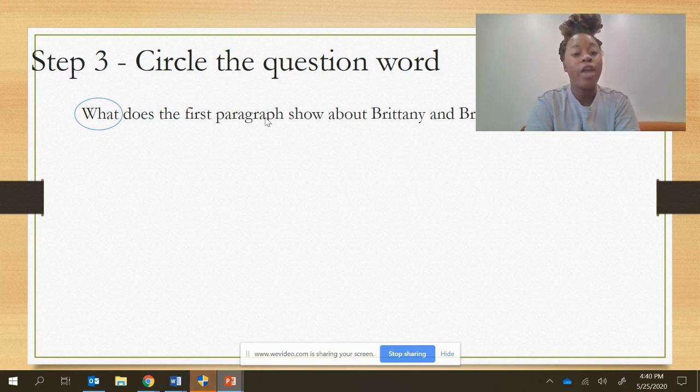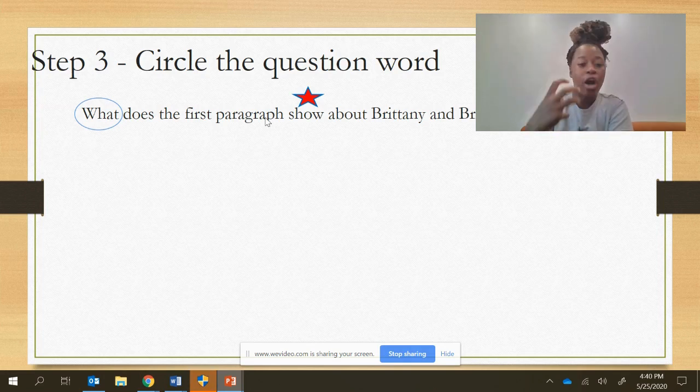Now that we've written down the question and circled the question word, we want to truly understand what the question is asking. So something else that I noticed here was the word show. Please point to the word show. And some of the main words we notice about the question are what and show.